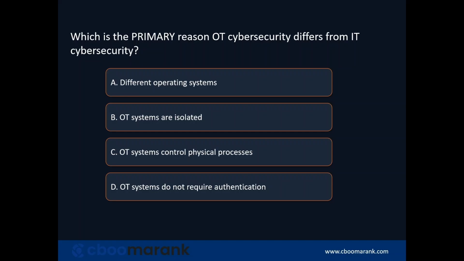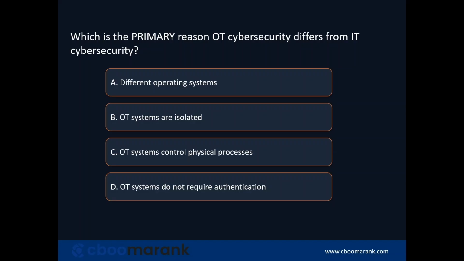Now let's look at the second question. What is the primary reason OT cybersecurity differs from IT cybersecurity? Which of these options illustrates the major difference between operational technology and information technology?